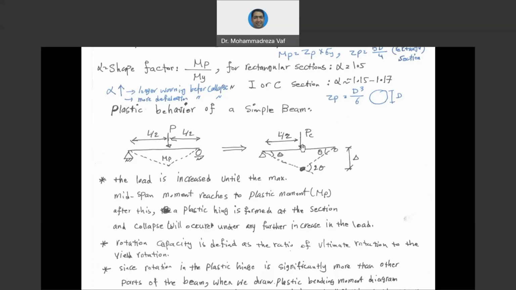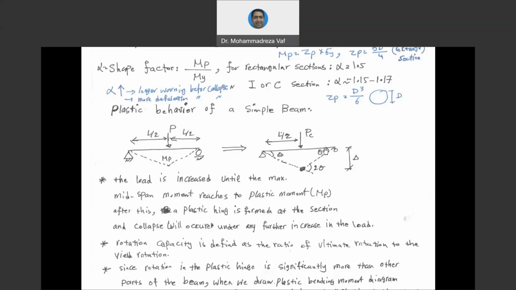Since the load has been applied exactly at the center of the beam and it is symmetrical from both sides, the rotation at the time of collapse at both sides is equal to an angle like theta. So this angle and this angle will be exactly similar due to the symmetry of the loading and the beam.